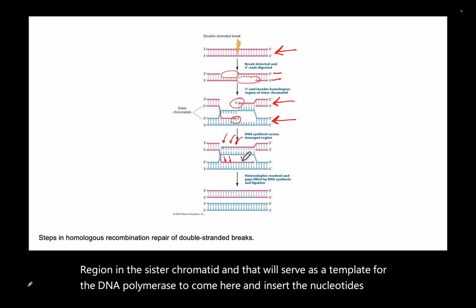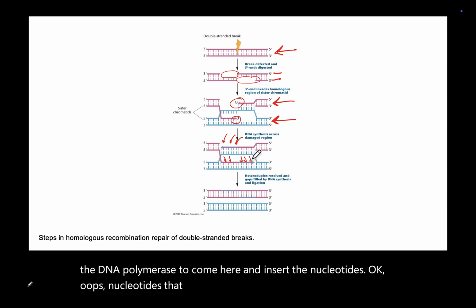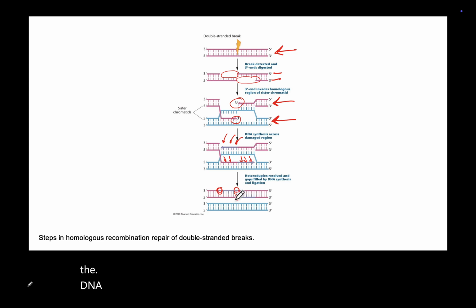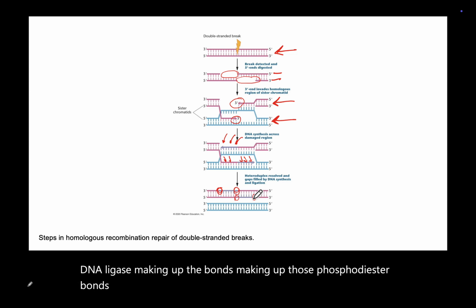Okay, nucleotides that are missing. And as you can imagine, you have the DNA ligase making up the bonds, making up those phosphodiester bonds that were broken. And at the end, you are left with a chromosome with 2 arms.